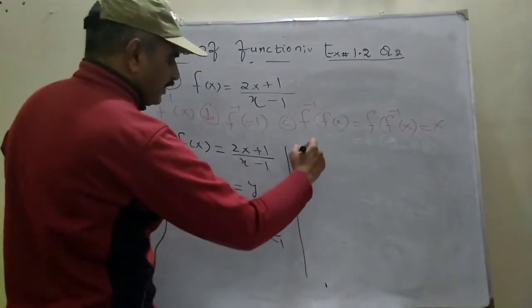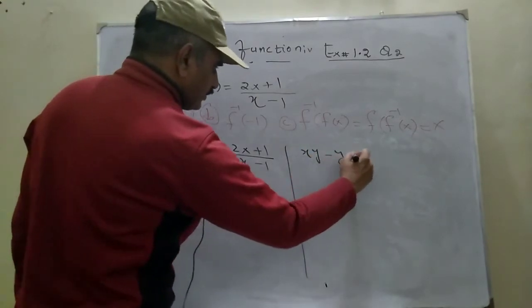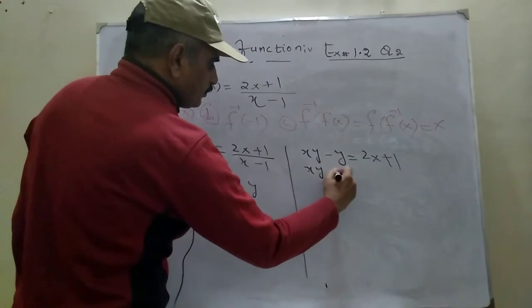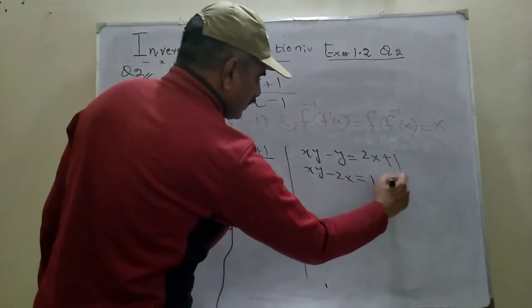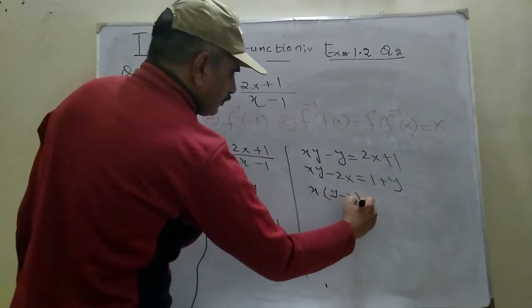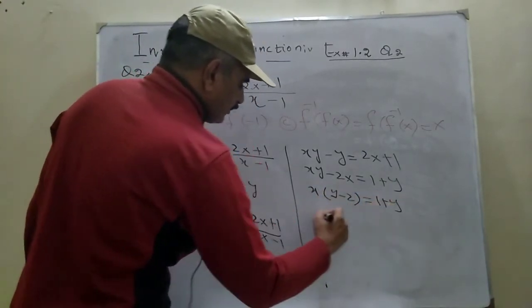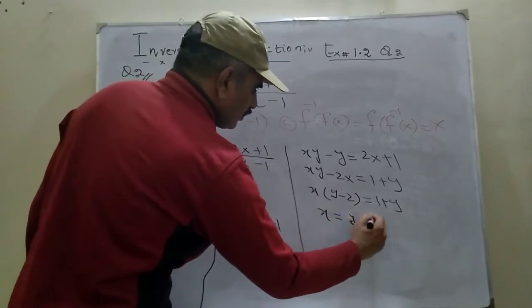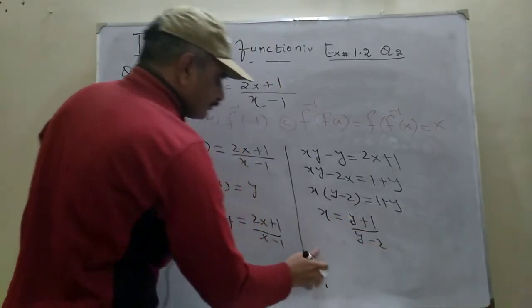So cross multiply: xy minus y is equal to 2x plus 1, xy minus 2x is equal to 1 plus y, x common, x(y minus 2) is equal to 1 plus y. Finally the result is x equal to y plus 1 over y minus 2.